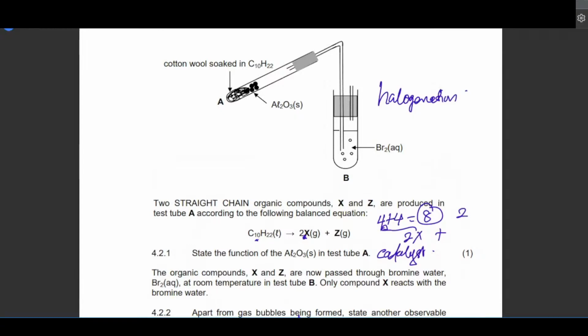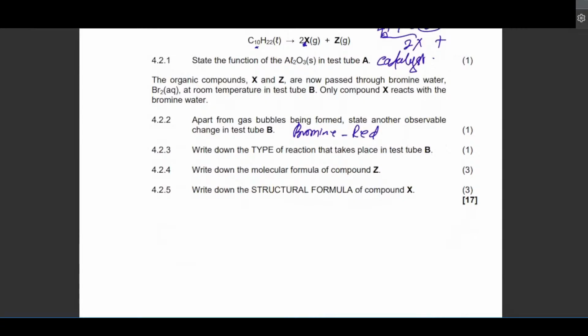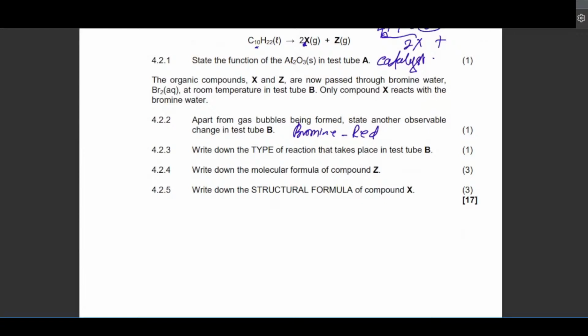Then they're saying, write down the molecular formula for compound Z. Because Z, we say, is 2 carbons, and it cannot decolorize bromine water, and they're saying molecular formula, not structural formula. Therefore, it's going to be C2H.